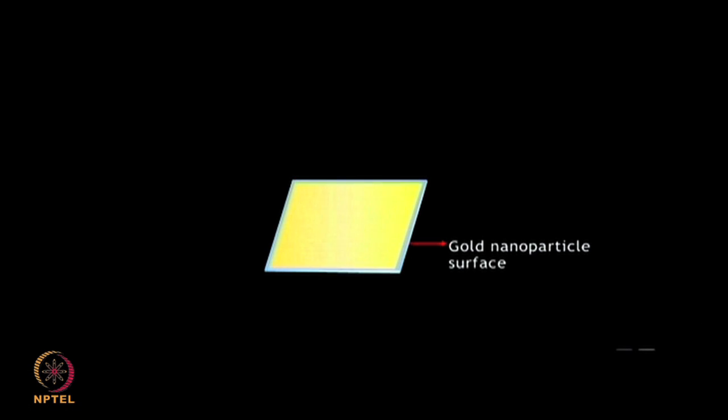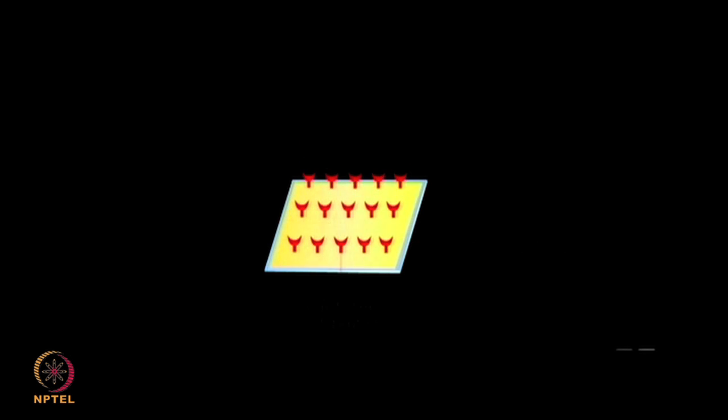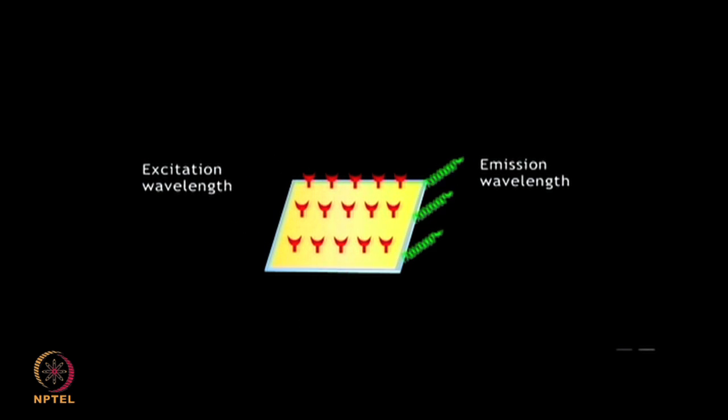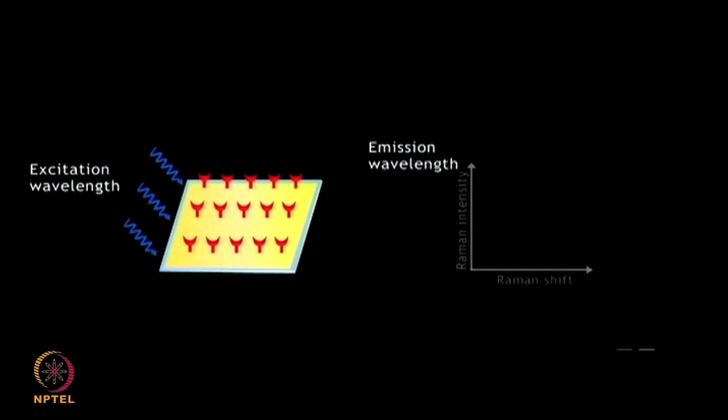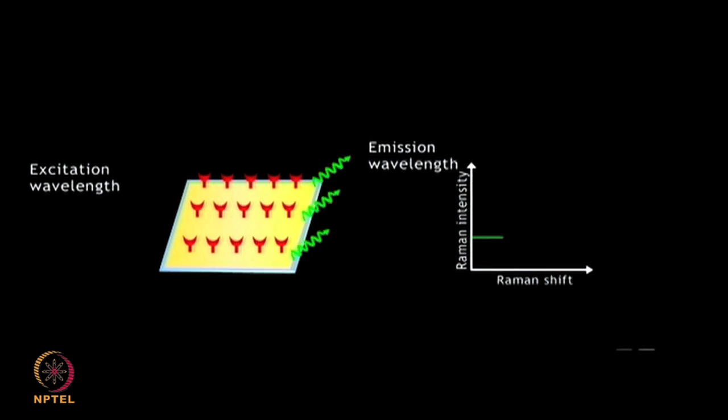Let us now discuss the principle of gold nanoparticles and nanocages in this interactive animation. The gold nanoparticle surface is functionalized suitably by antibodies, which will bind to the analyte of interest. Any target binding is depicted by a change in the emission spectra.